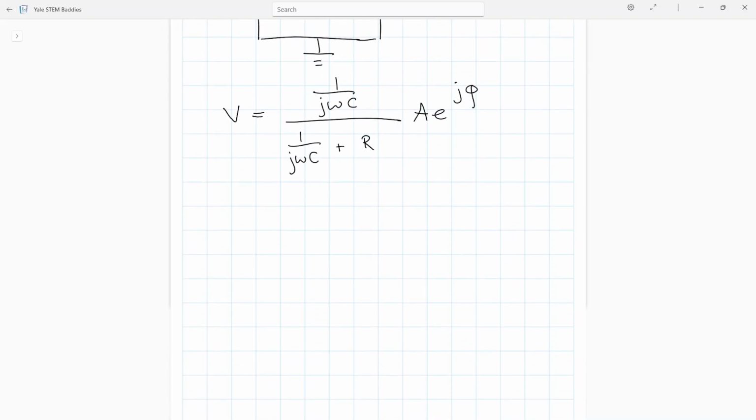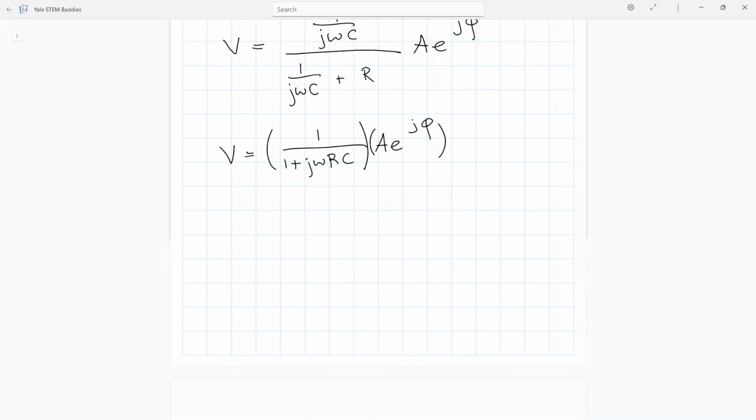You could look that up online if you forgot it. Perfect. Now let's multiply the numerator and the denominator by j omega C. That clears the numerator, and it really simplifies the denominator well. And then we just have this in parentheses there. I've highlighted that we just have some complex number, and then we have another complex number multiplied by it on the right there.